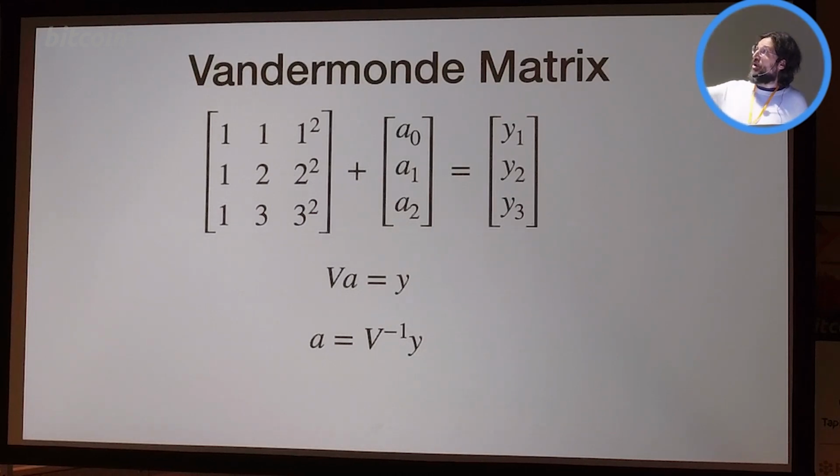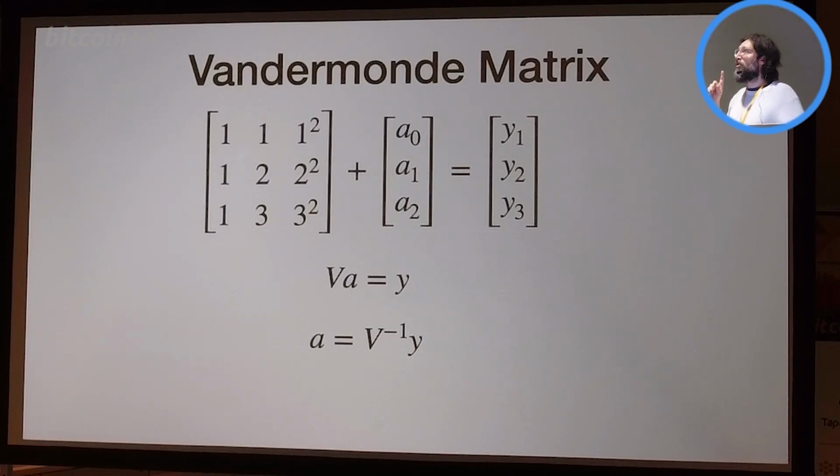Similarly, if A is our coefficient commitments and Y are our share commitments, the share times G, the same equation holds. The matrix times the coefficient commitments will equal the share commitments.